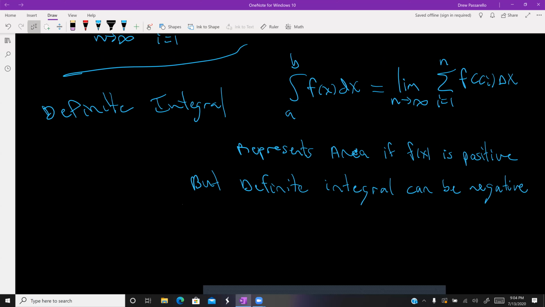We don't know what it means to have a negative area. So it can be negative, which means it wouldn't represent area. It would just be a negative number you get. All right, so that's summarizing all of the main points for these 2 sections.